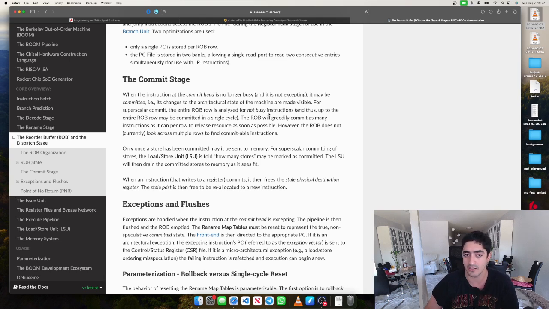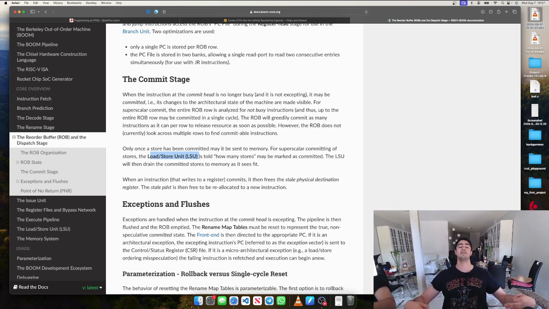However, the ROB does not look across multiple rows to find committable instructions. Only once a store has been committed may it be sent to memory. For superscalar committing of stores, the load store unit, LSU, is told how many stores may be marked as committed.